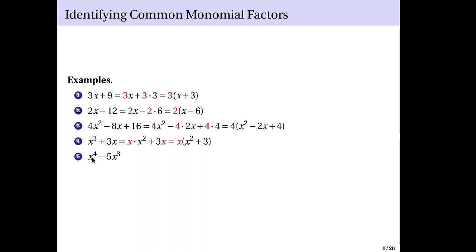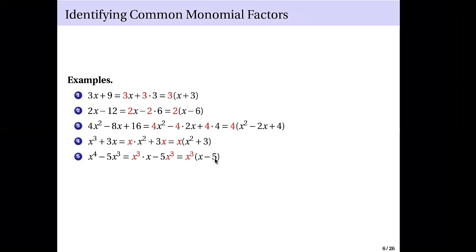Or you can decompose this as x times x cubed, which means that written that way, x cubed times x, and then the other guy, minus 5x cubed, x cubed is a common factor. And therefore, we can write x to the 4 minus 5x cubed as x cubed times x minus 5.